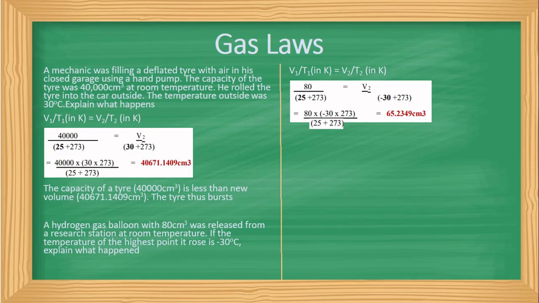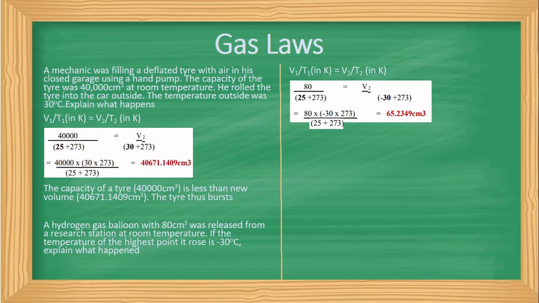Here our V1 is 80 centimeter cubic, and our T1 is the room temperature, which is 25 degrees Celsius. You convert to Kelvin by adding 273, and then what you are looking for is V2. Our T2 here is negative 30 degrees Celsius, which you add 273 to convert to Kelvin.